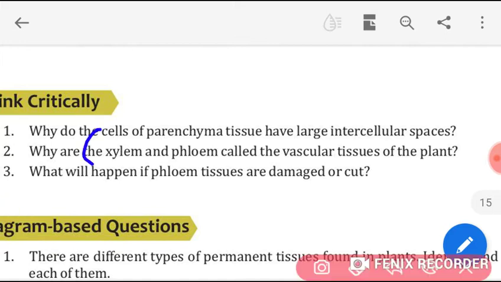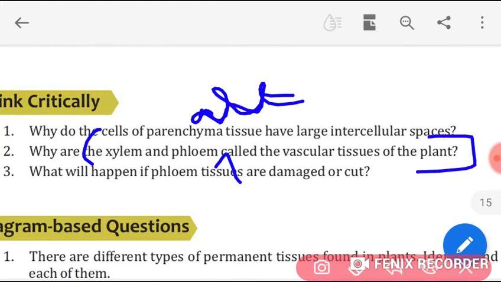The xylem and phloem are called the vascular tissues of the plant because they help to conduct water and food materials to different parts of the plant.